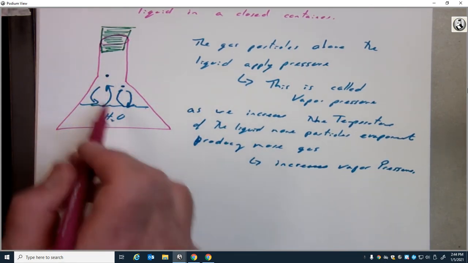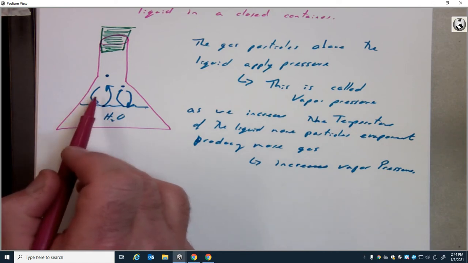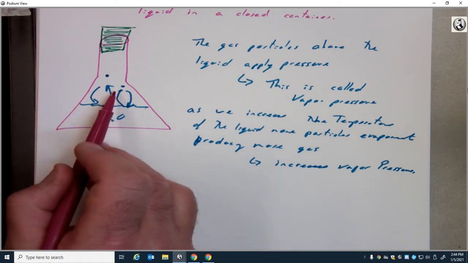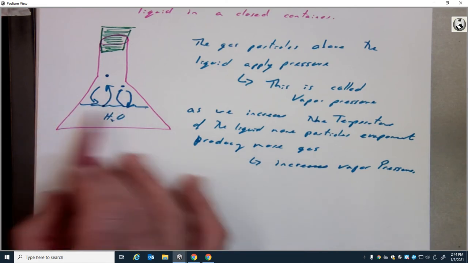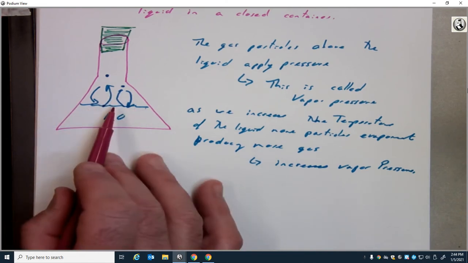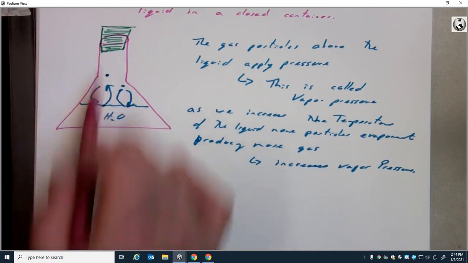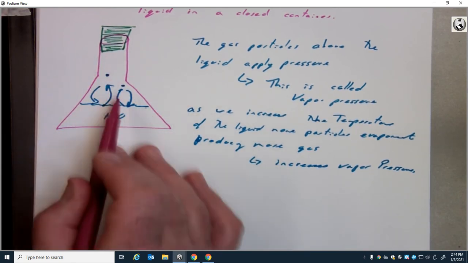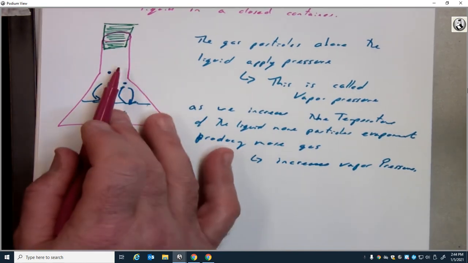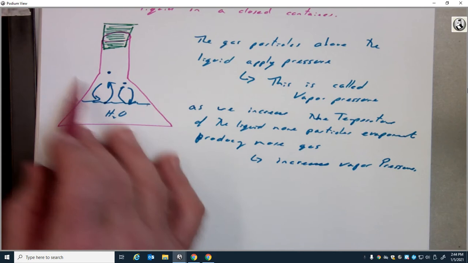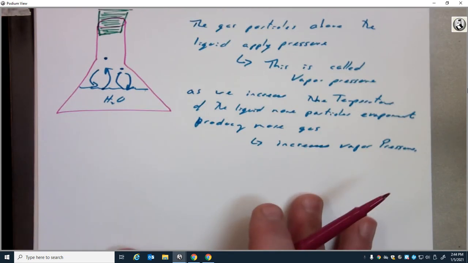If we have fewer gas particles, that means we're going to have a lower vapor pressure. Well, what if we have a substance that has very weak intermolecular forces? Well, then it's going to evaporate very fast. It's going to be easy to evaporate, which means we're going to have lots of gas particles. And if we have lots of gas particles, that means we're going to have a very high vapor pressure.